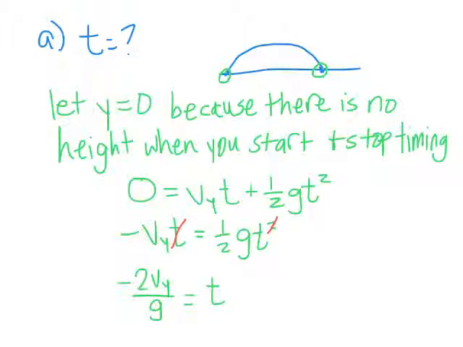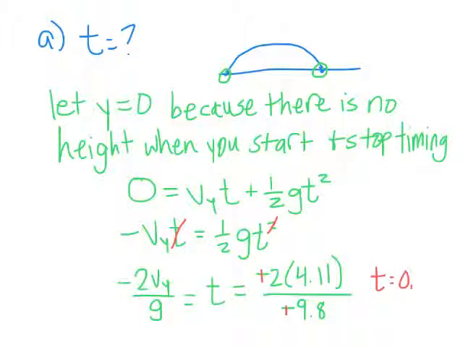Now that I've isolated the t variable, I can plug in my numbers. So I'm going to say negative 2, and then my vy was 4.11 meters per second, and gravity, remember, was negative 9.8 meters per second squared. We need that negative sign so that those two can cancel out and we end up with a positive value for the time. You should get an answer of 0.84 seconds, and this tells us how long the projectile is going to be in the air.